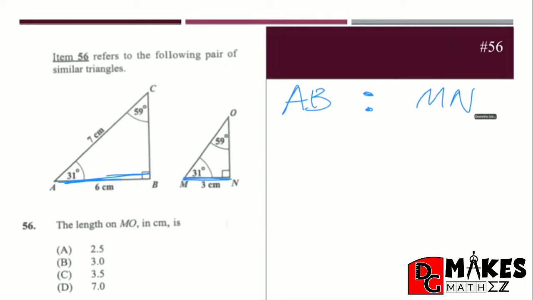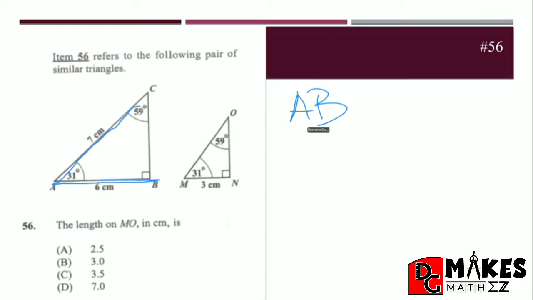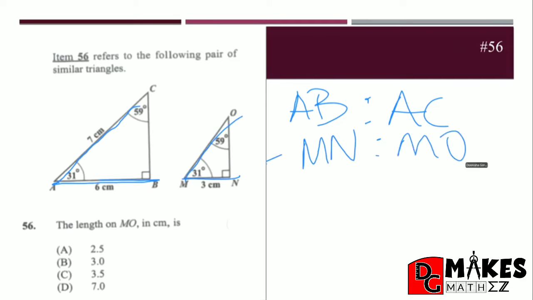is going to be equal to the ratio of AC to OM. By the way, another way we could have written this is that the ratio of AB to AC is also equal to the ratio of MN to MO once you are using the corresponding sides.